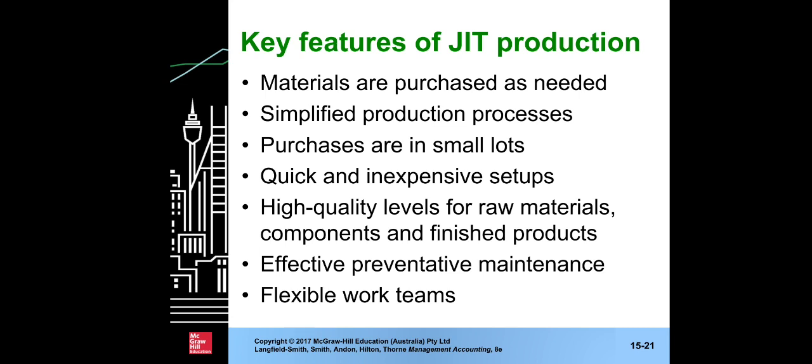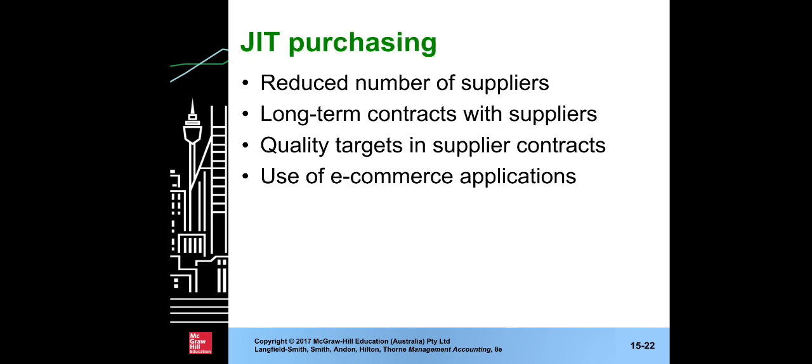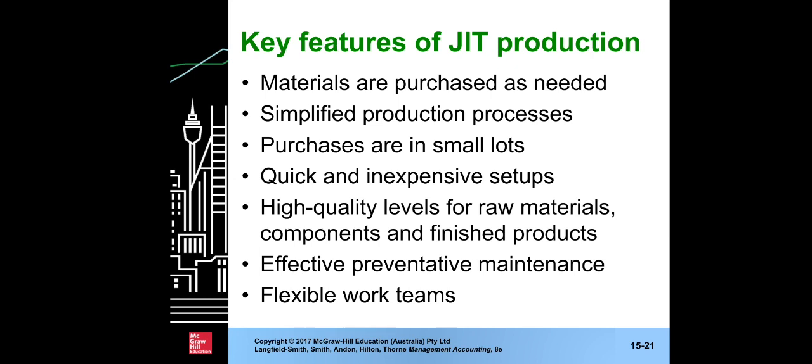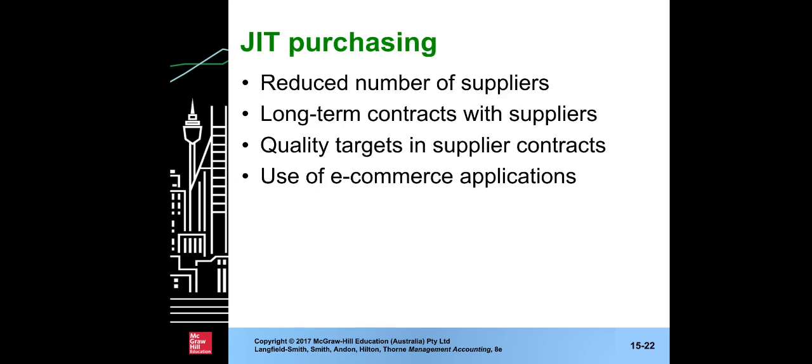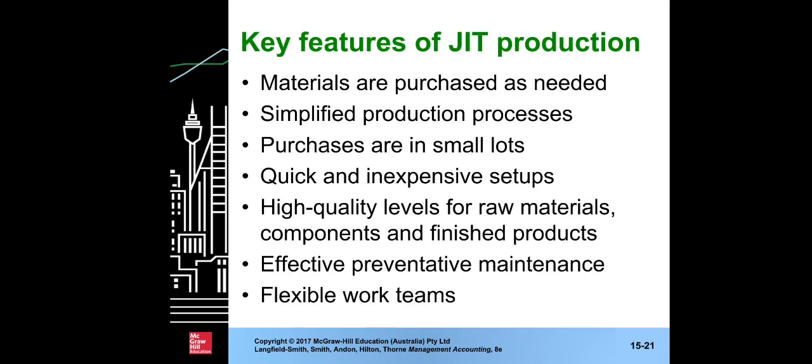Quick and inexpensive setups. High quality levels of raw materials, components, and finished goods. Effective preventive maintenance. Flexible work teams. And then, see here. Okay, still features about the JIT.